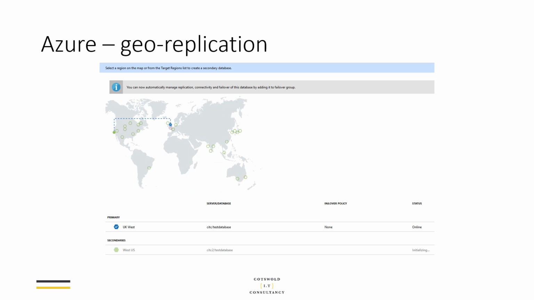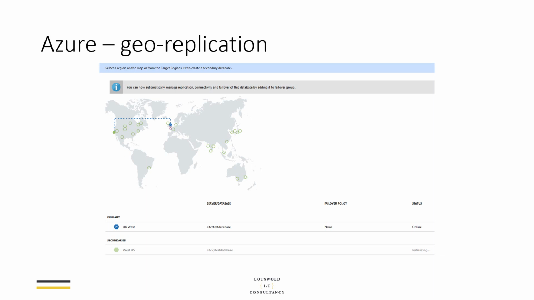The screen looks like this. When you go into the geo-replication screen in Azure for your database, you'll see the primary database at the top there on the top line. And all you have to do is click a button. So I click the button for West US. What happens is it will initialize, effectively creating a new database in West US.